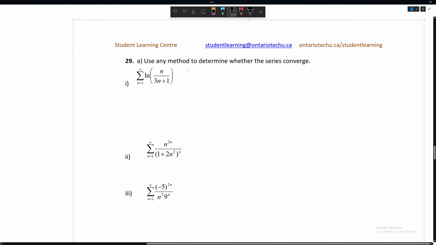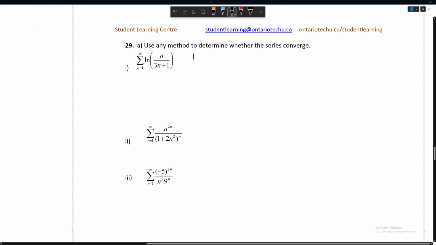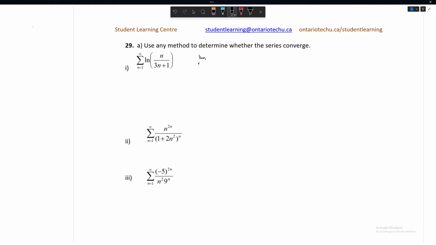All right, so here we have ln. Now, actually here, let me take the limit as n goes to infinity. I have ln of n over 3n plus 1. Can I take the limit of this? Yes. Divide by the denominator's highest power. This goes to 1. This cancels out. This goes to 0, 1 over infinity, 0.